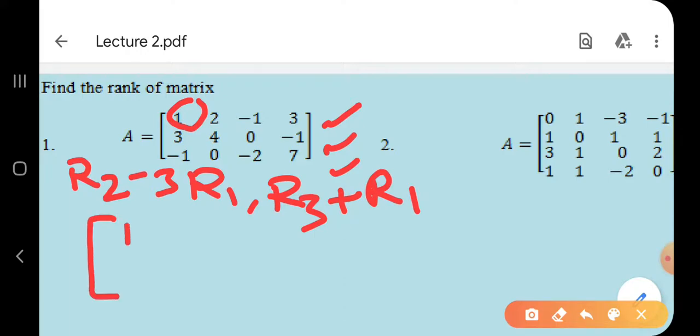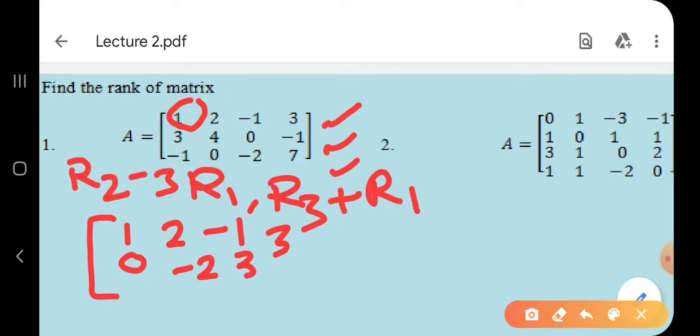So your first row is as it is, 1, 2, minus 1, 3. Now 3 minus 3 is 0. Next, 4 minus 6 is minus 2. 0 minus minus is plus, so it is 3.